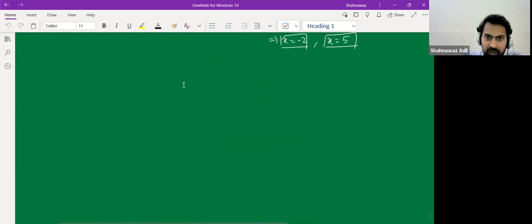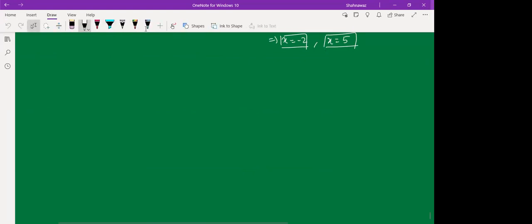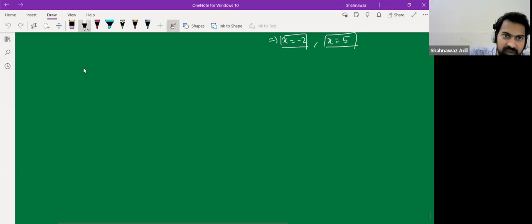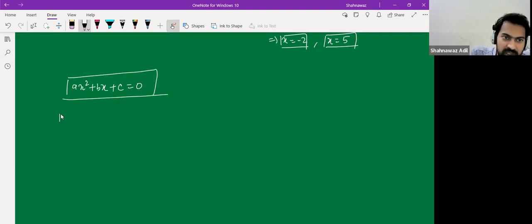Okay, so what is the quadratic equation, Shaima? The general form is ax squared plus bx plus c. Right, correct. So the quadratic equation is ax square plus bx plus c, right? And the discriminant formula is D, defined as b square minus 4ac, right?